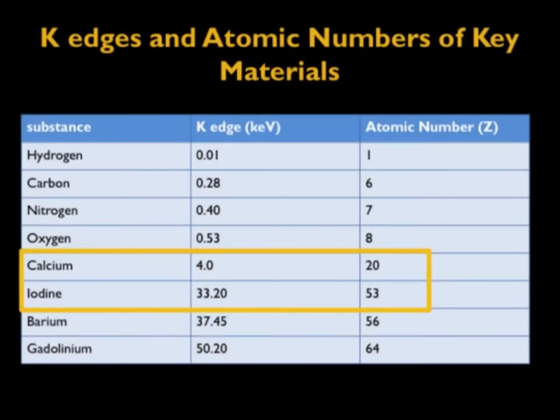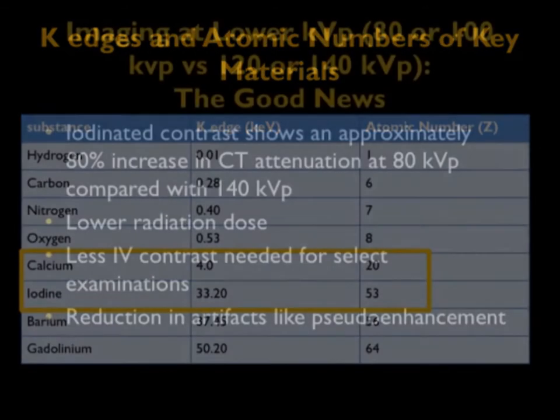And that's why the calcium and iodine are so important. Look at calcium, K-edge 4 keV, atomic number 20; iodine, K-edge 32 keV, atomic number 53. So the atomic numbers are really what drove the variation in the K-edge. And that gives you a lot of possibilities.